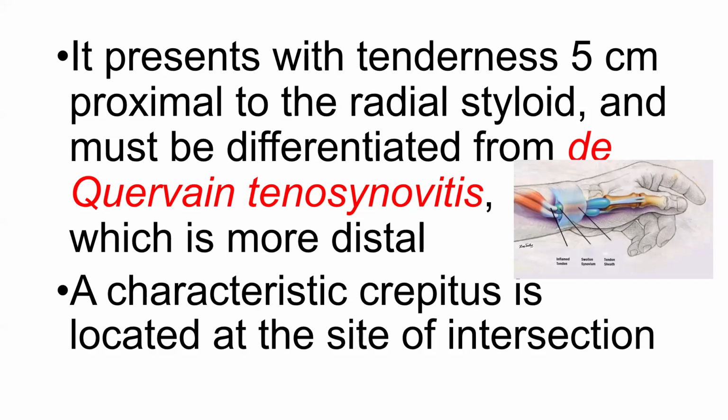On the other hand, you can have an inflammation of the extensor pollicis brevis and abductor pollicis, and these can be inflamed as they pass through the retinaculum to the thumb. This is known as de Quervain tenosynovitis, and the tenderness is more distal to the intersection syndrome.